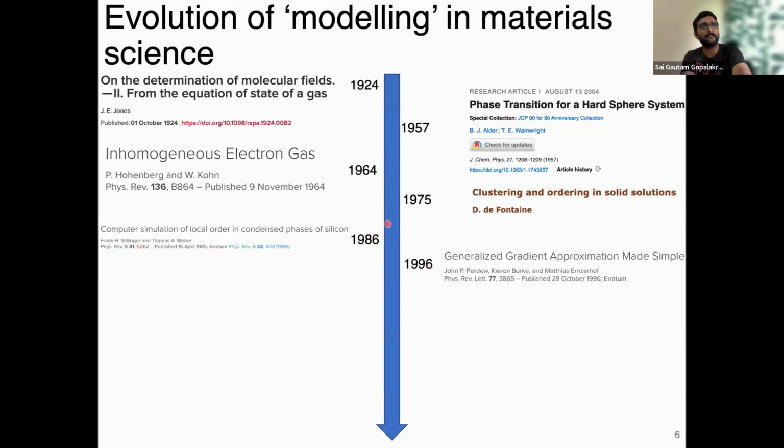1996 is a follow-up to 1964 here. This is when Perdew, Burke, and Ernzerhof, the three of them, put together an approximation for density functional theory that allowed the large-scale use of density functional theory. So from the 60s to 90s, DFT was predominantly used by physicists and chemists who understood how to code and also understood the nitty-gritty of DFT.